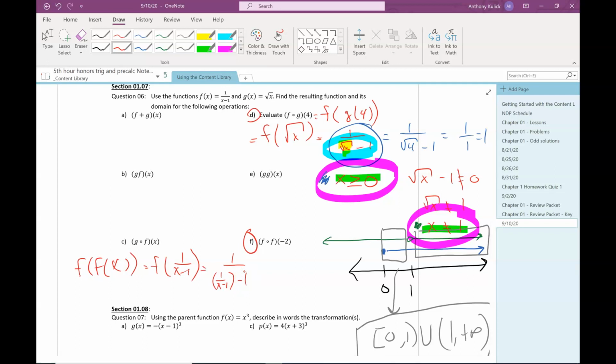Now, we had a name for this last year in Algebra 3-4. Do you remember what this situation was called? It's called a complex fraction. And there's a couple of different ways to simplify this to make it a little bit easier to deal with, because this idea of having a fraction inside of another fraction is not very convenient, and it's going to make finding the domain a little bit difficult if we leave it in this form.